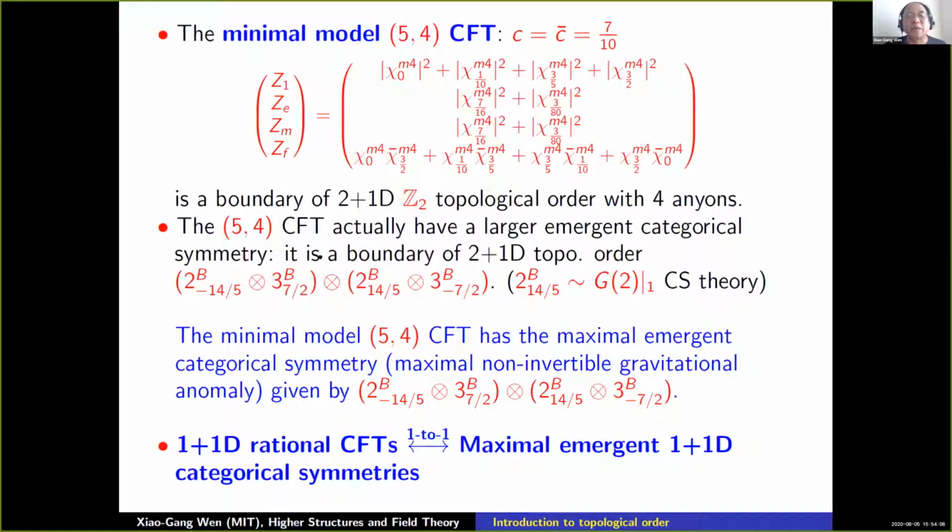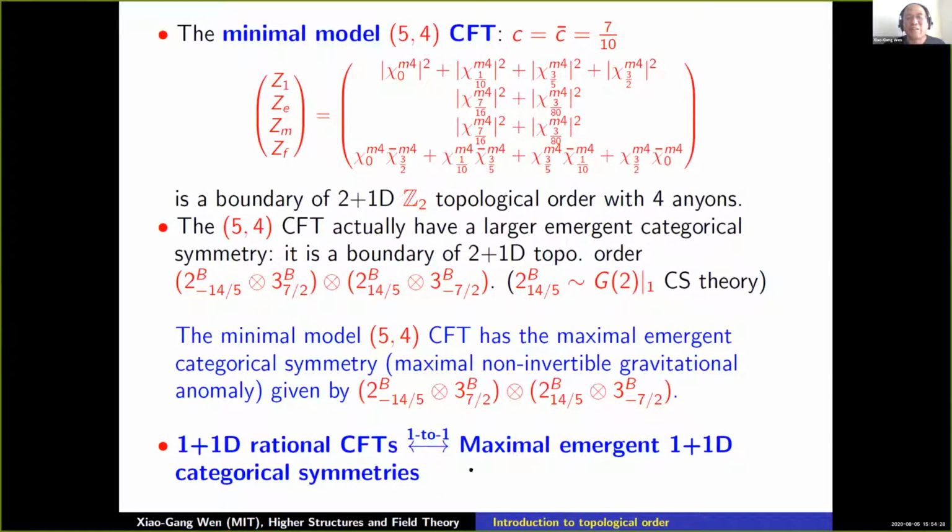So this kind of 2D topological order has a boundary given by this kind of minimal model CFT. So therefore, this minimal model CFT has a maximum categorical symmetry given by this kind of 2D topological order.